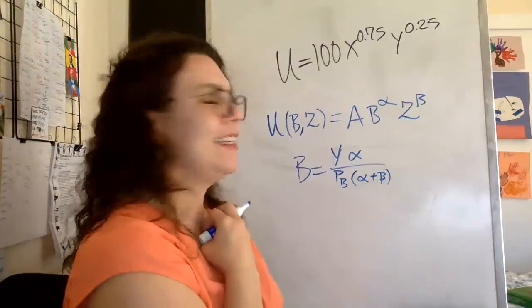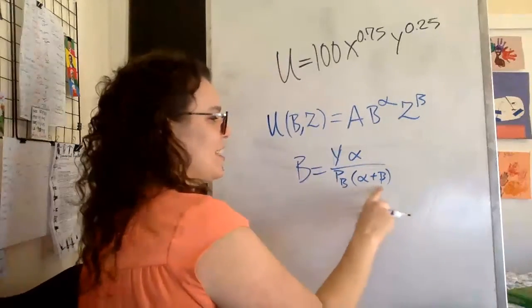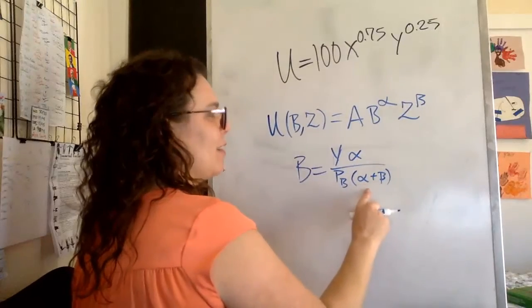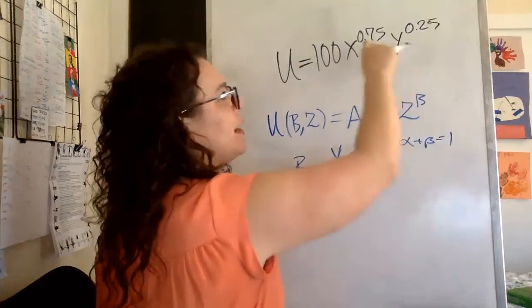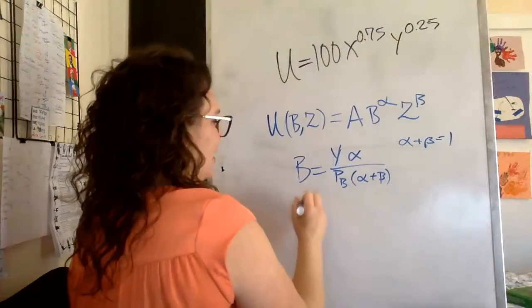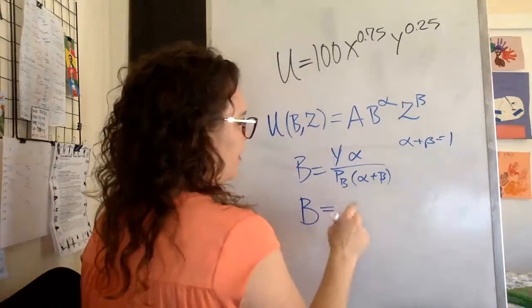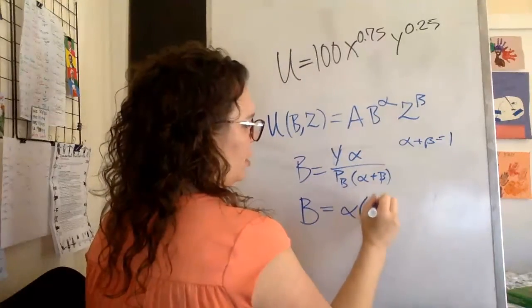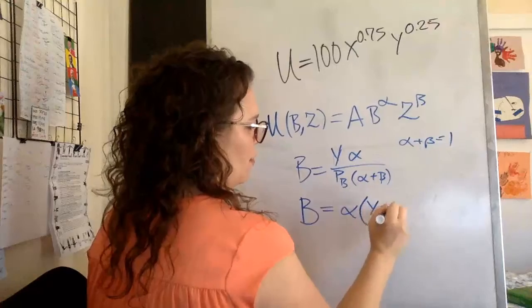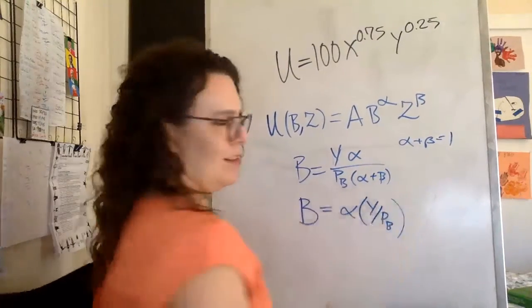But what that really is, if you break it down, if it's a Cobb-Douglas and these two add together, remember I said for a Cobb-Douglas, alpha plus beta equals 1. What you really get is this simplifies down to that exponent times the ratio of income to the price of the good.